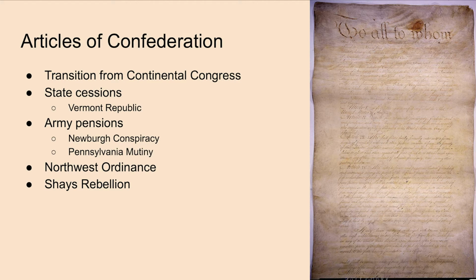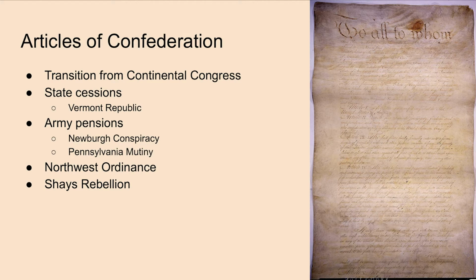It says also, and very importantly, that the ordinance says, there shall be neither slavery nor involuntary servitude in the said territory otherwise than in the punishment of crimes whereof the party shall have been duly convicted. We don't need to go through all of it.